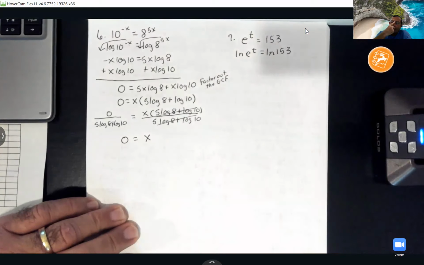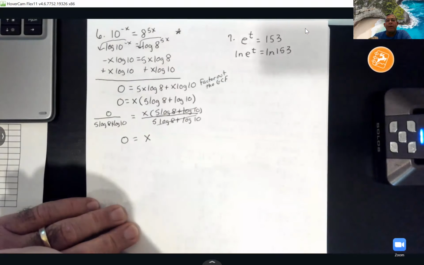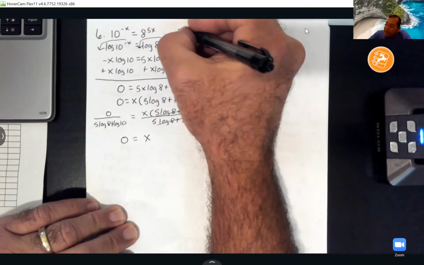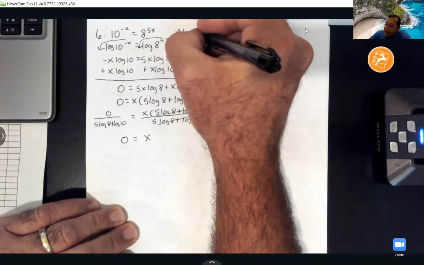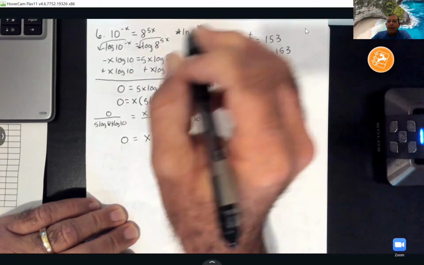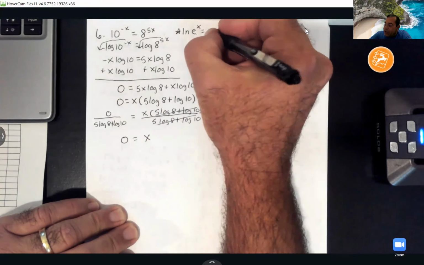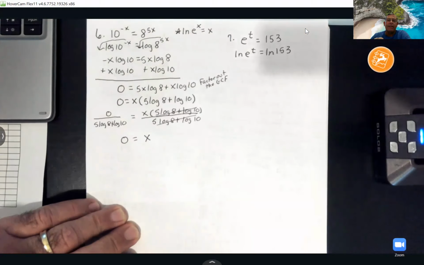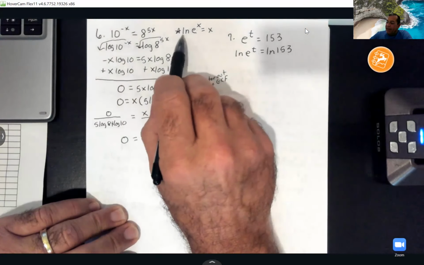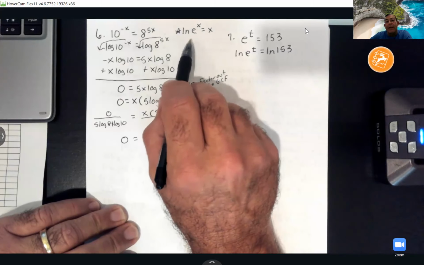So let me go back to a little property we learned last week. We said if we had an ln of e to an exponent, this simplified down to just an x. This, because ln of e, remember, that's like a log base e of e.